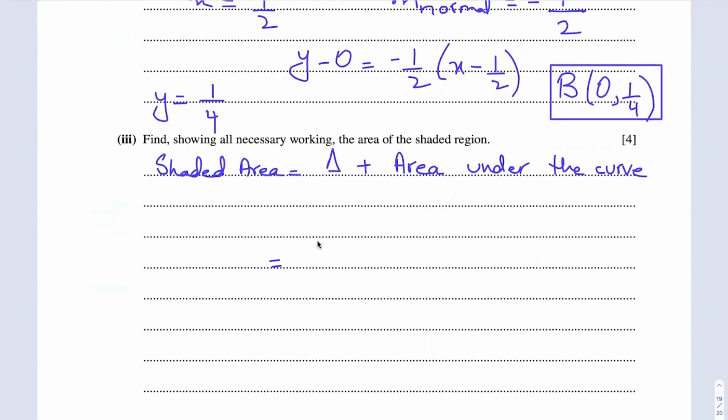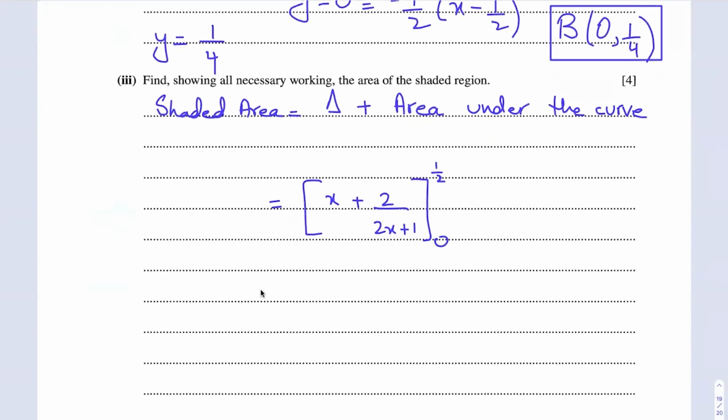For the area under the curve, you have already integrated in the first part. So the integrated form was x plus 2 upon (2x + 1). The limits will be half and 0. So substituting half into the equation, we will get half plus 2 upon (2 into half plus 1), minus, substituting 0 into the equation, we'll get 0 plus 2 upon 1.